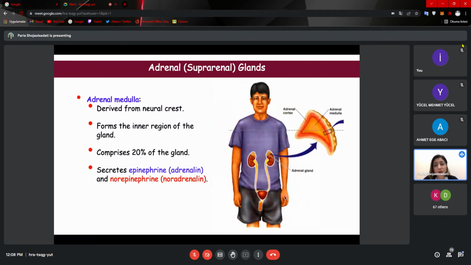The adrenal medulla is derived from the neural crest, as I mentioned before. It's embryologically derived from the part that forms the nervous system. For this reason, it secretes epinephrine and norepinephrine, works as a part of the nervous system, and regulates different functions in the body.